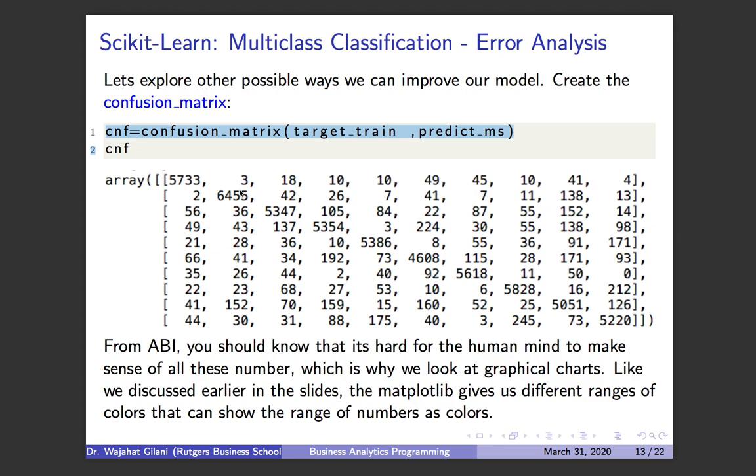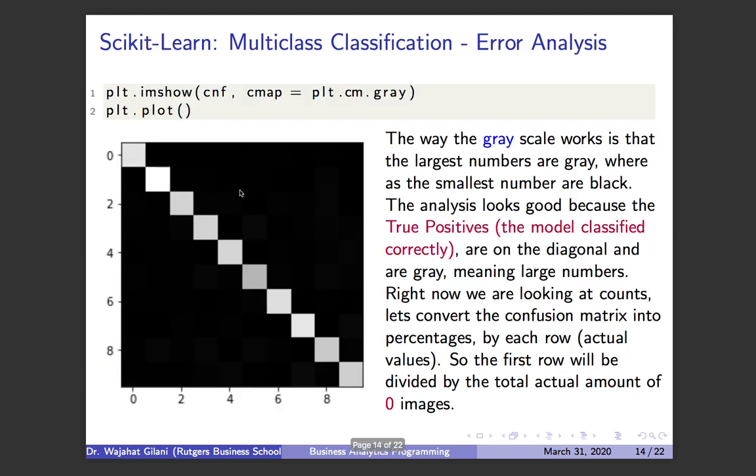Now, from ABI, we talked about this. What was the law we talked about when we're doing analysis like this? Your mind can't process all these numbers, right? Miller's law, remember that? What's a great way to deal with this? Now we get back to the color maps in Matplotlib, right?